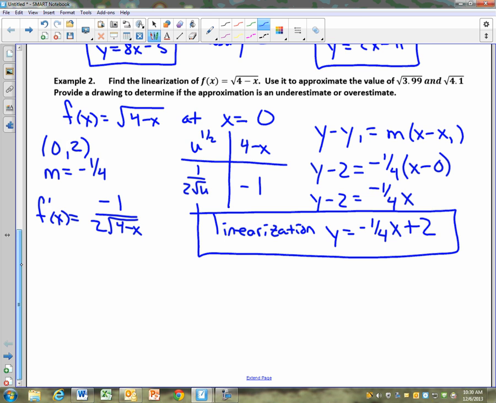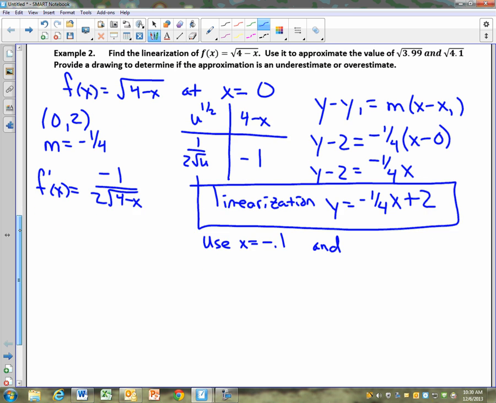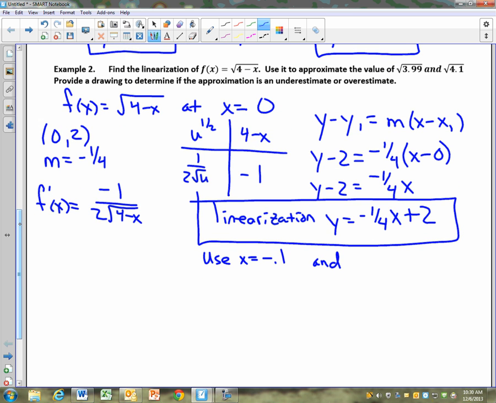What we want to plug in is negative 0.01, and positive 0.1.